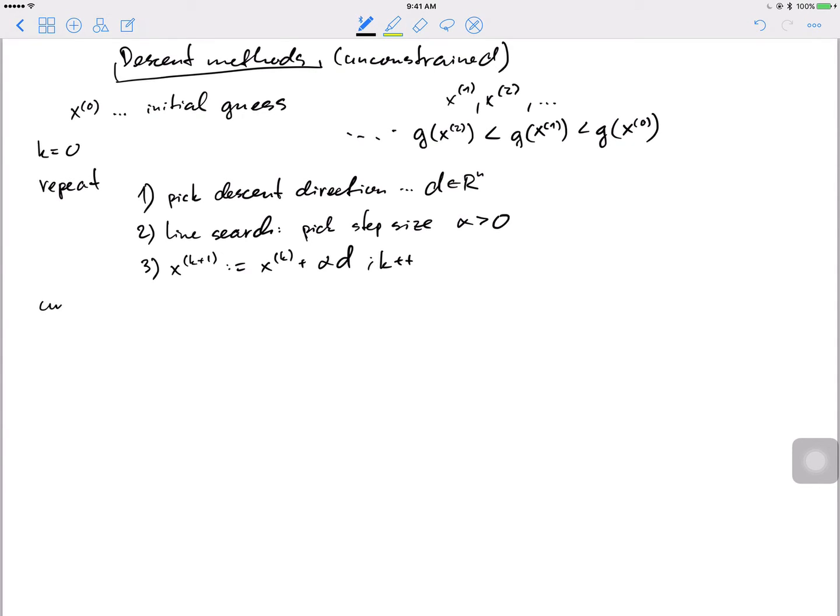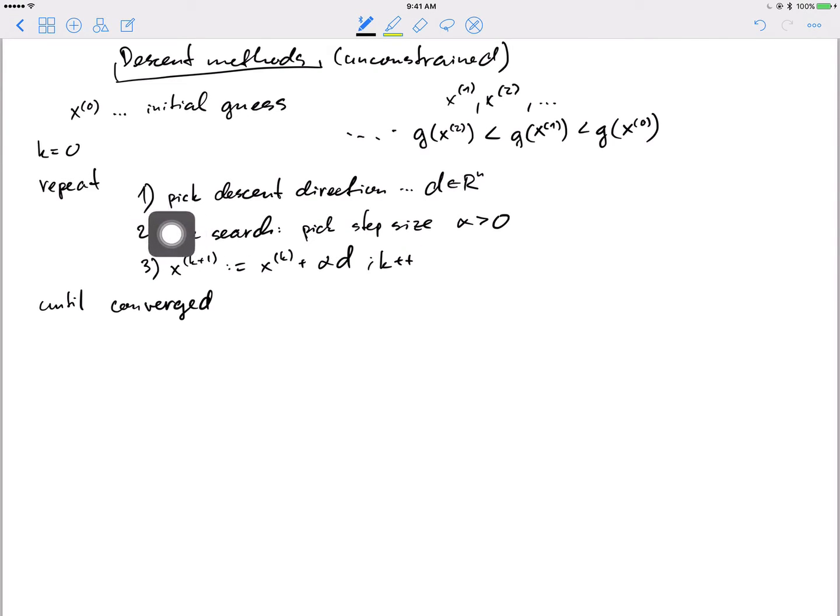And you repeat this until converged. All right, so this is the skeleton. This is, I guess, the 10,000 feet view of any descent method.